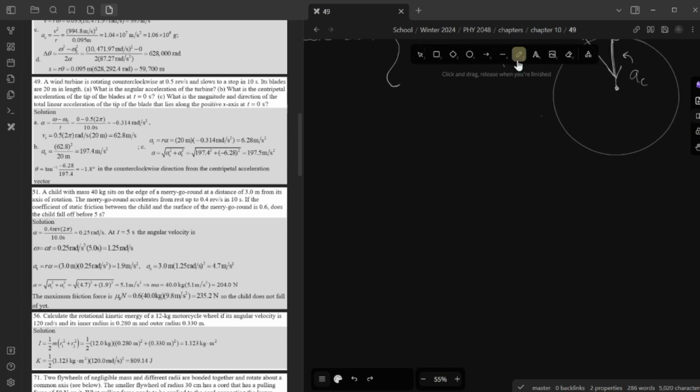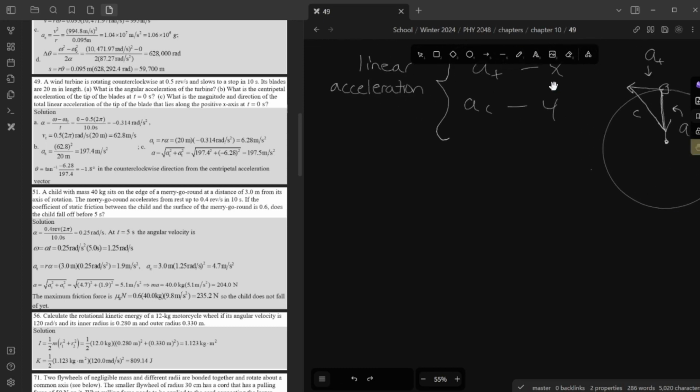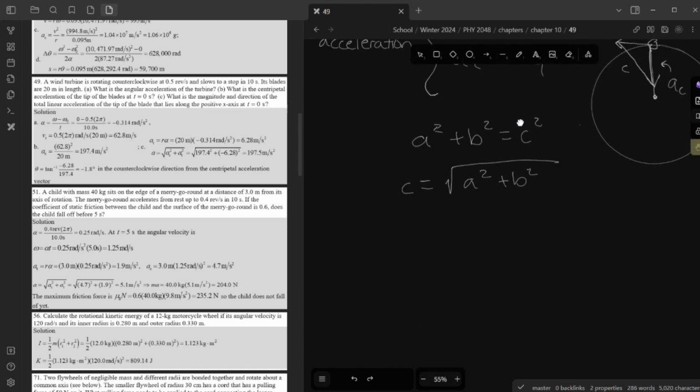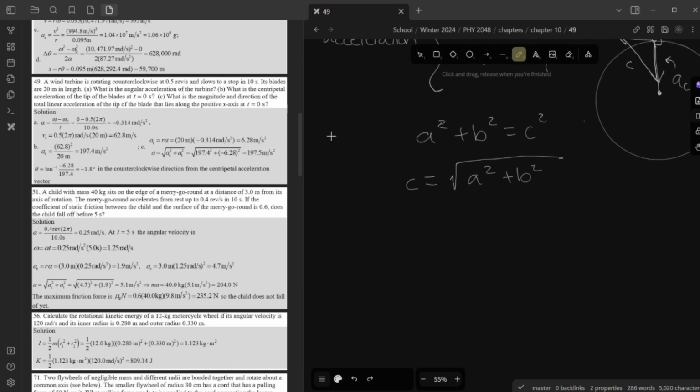So let's go ahead and write out the Pythagorean theorem. So a squared plus b squared equals c squared. And if we want c, that total linear acceleration, you can square root both sides. So the square root of a squared plus b squared. And yeah, we can find out what that total linear acceleration is.